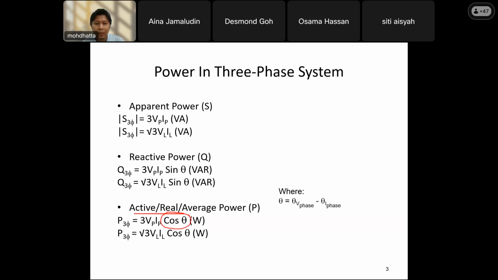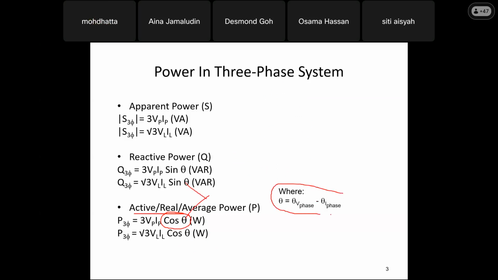And again, looking at the data over here, it comes from the subtraction between the angle of our voltage and the angle of our current.